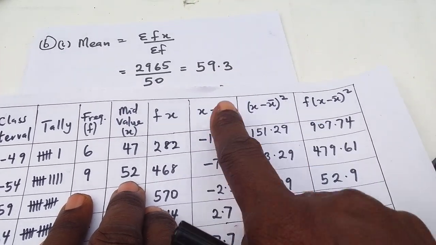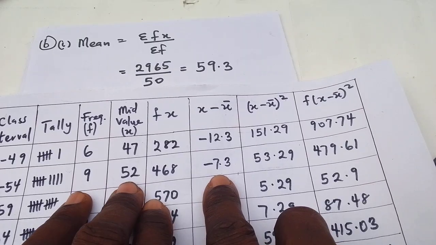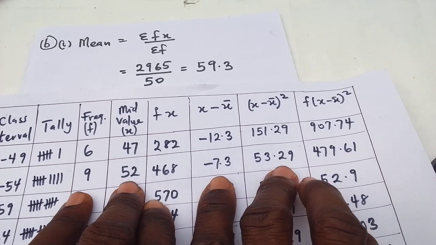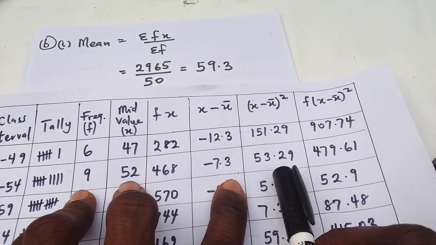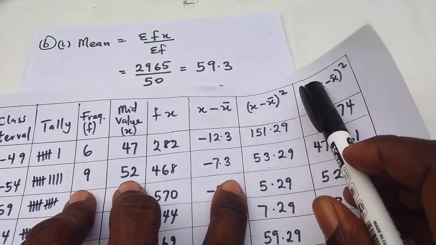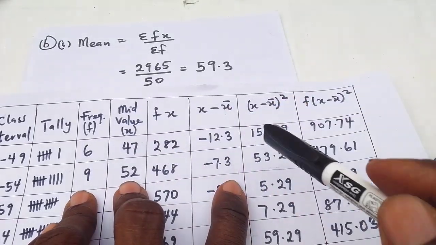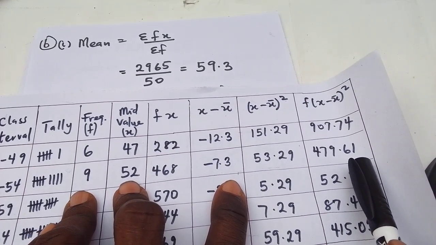Then the next number, x is 52. The mean is 59.3. 52 minus 59.3 is minus 7.3. You will find the square, minus 7.3 squared, will give you 53.29. So you now multiply 53.29 by the frequency, which is 9, and it will give you 479.61.